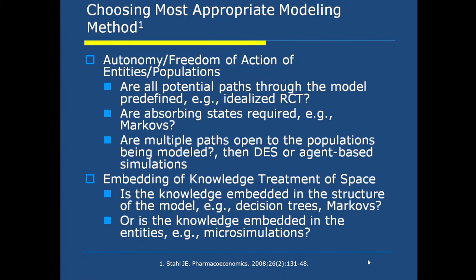Are multiple paths open to the populations being modeled? Then discrete event simulation or agent-based simulation should be used. Embedding of knowledge. Is the knowledge embedded in the structure of the model? Then decision trees and Markov models should be used. Or is the knowledge embedded in the entities? This means we should use microsimulations.